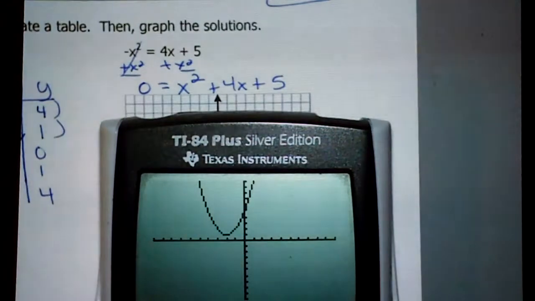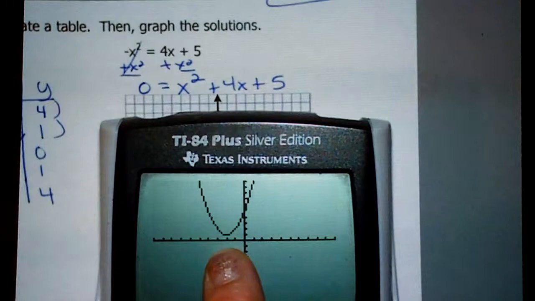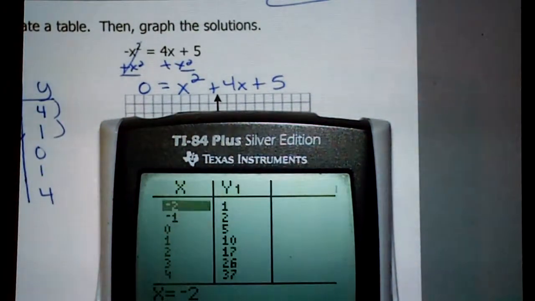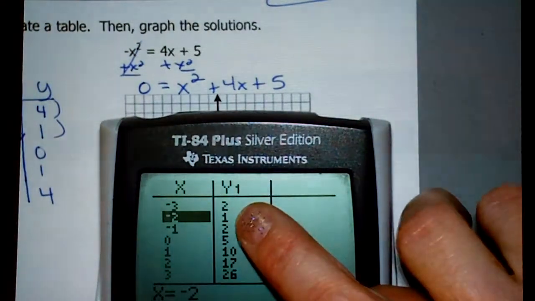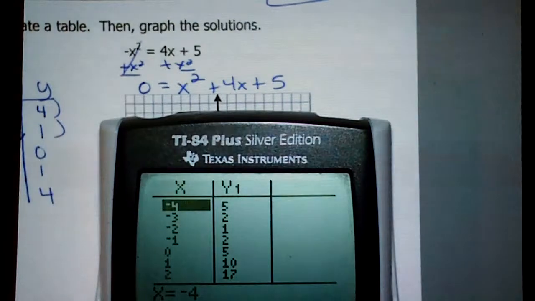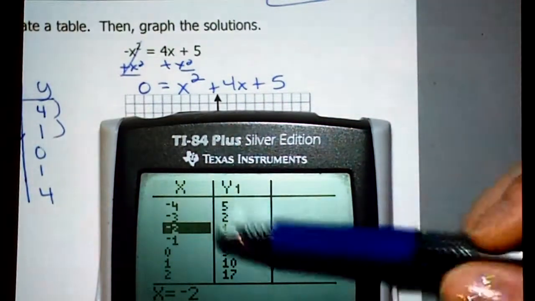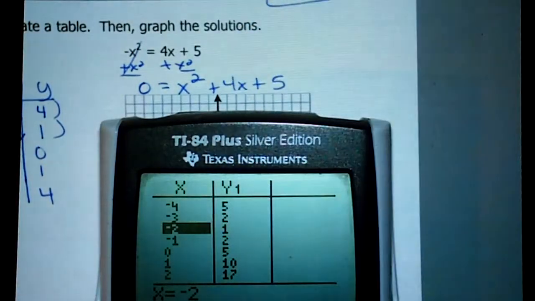Okay? So go to your table, and I want to look at about when x is -2. And I see when x is -2, that's where the vertex takes place. And I recommended that you graph the vertex and then 2 points on either side. So when I list my table, I'm going to list when x is -4 all the way to when x is 0.